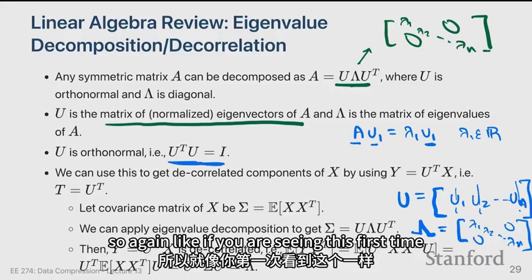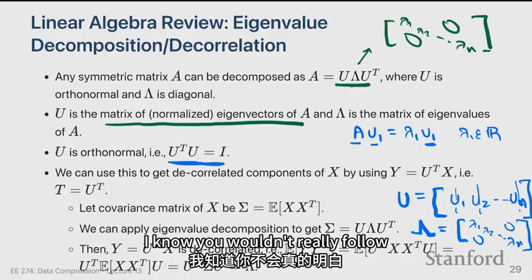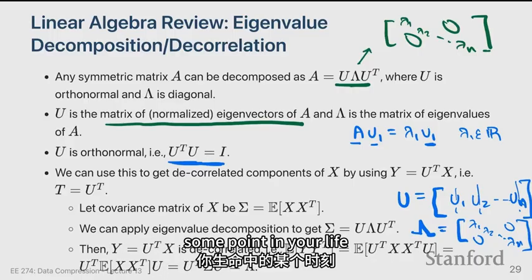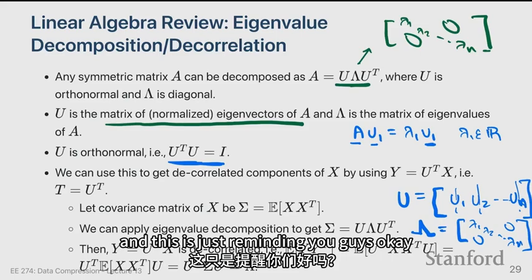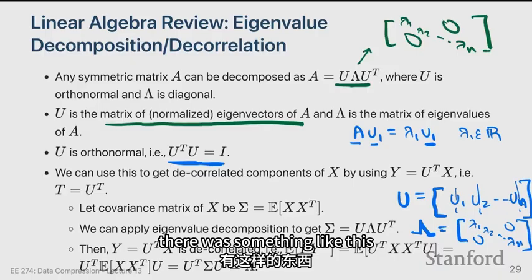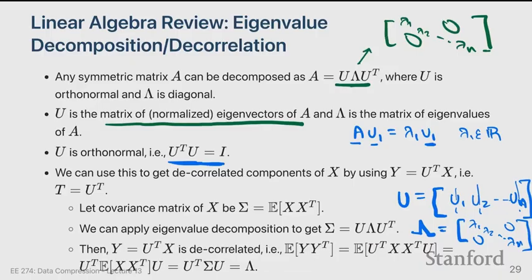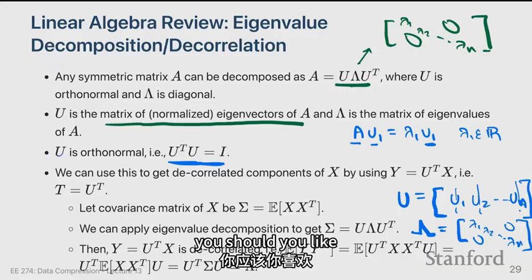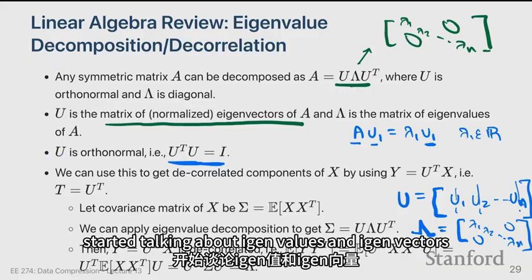Okay. So again, if you are seeing this for the first time, I know you wouldn't really follow, but the hope is you have seen this at some point in your life, and this is just reminding you. You may wonder why Pulkit suddenly started talking about eigenvalues and eigenvectors.